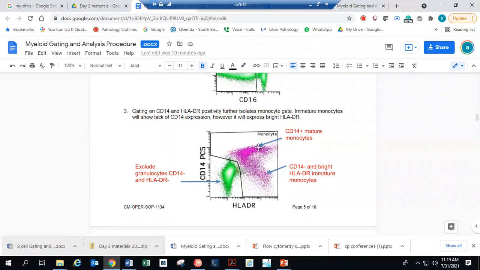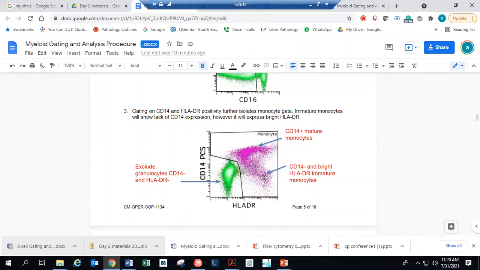So basically, that's how your HLA-DR looks in mature and immature monocytes. CD14 will be the brightest and highest, along with HLA-DR that is brightest in case of mature monocytes. Then it dips for the HLA-DR, and CD14 also dips, with dim CD14 and still bright HLA-DR.